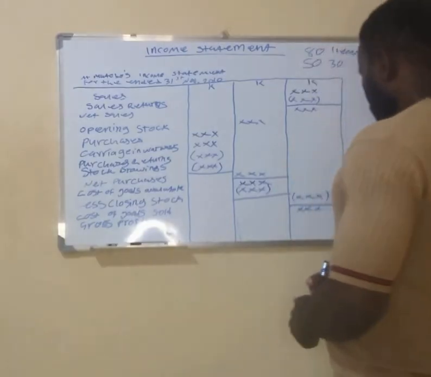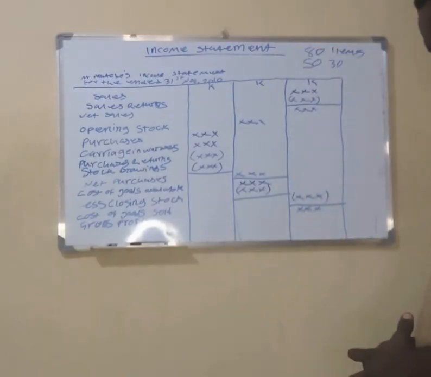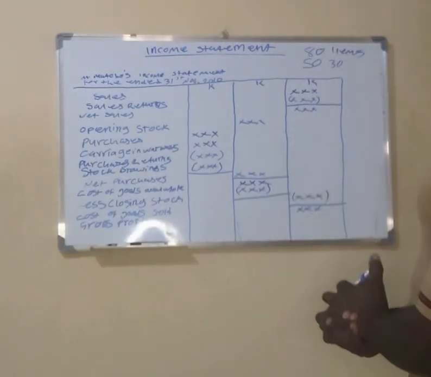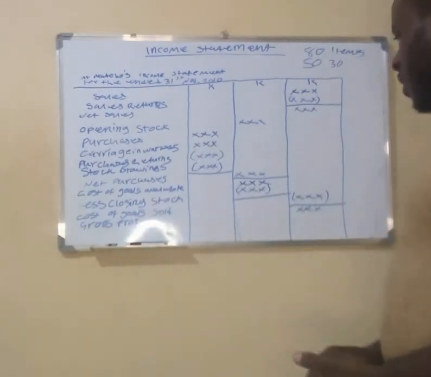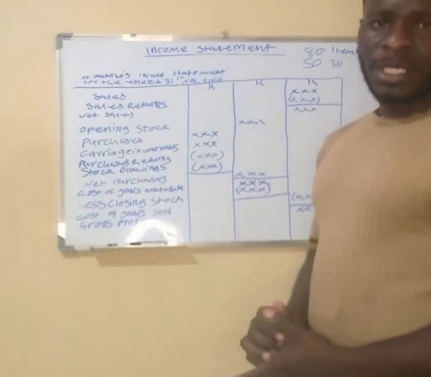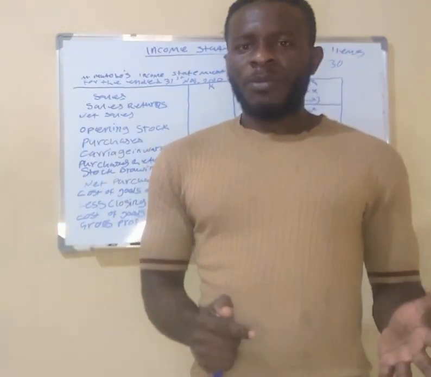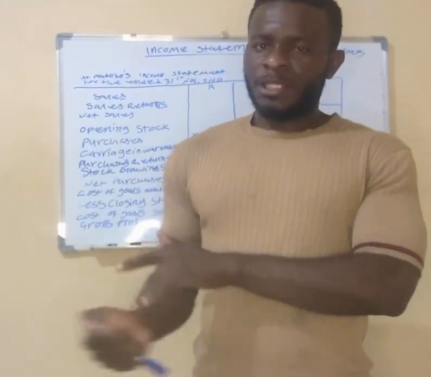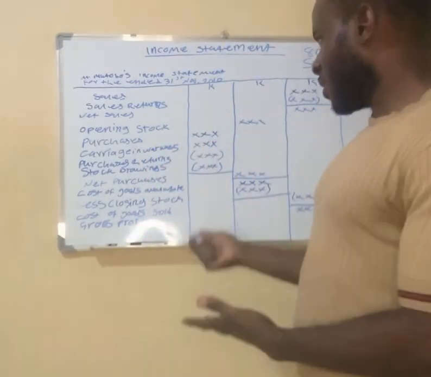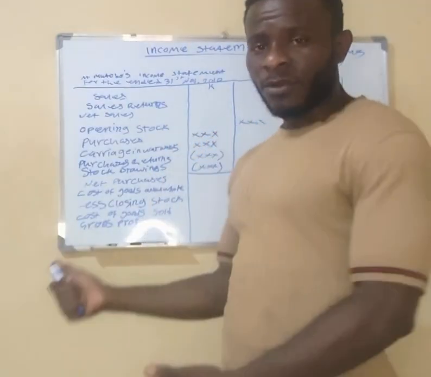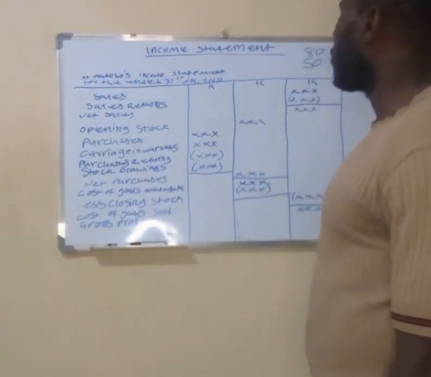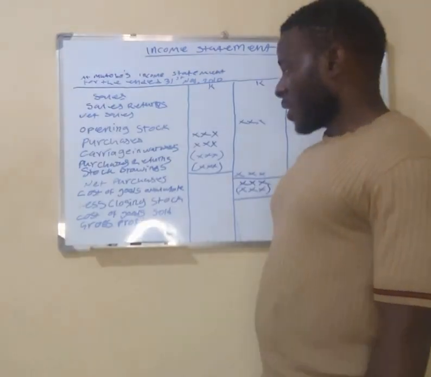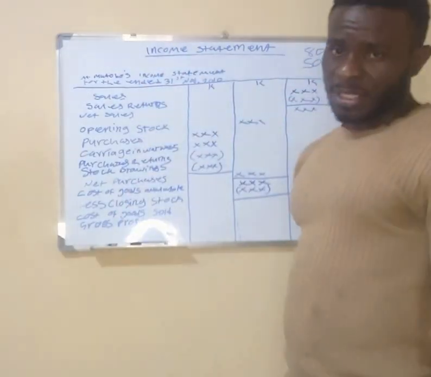Gross profit means the profit that the business incurs before expenses are deducted. The other name for this is the trading profit and loss account. This is called the trading profit and loss account. So this is the part for the trading.